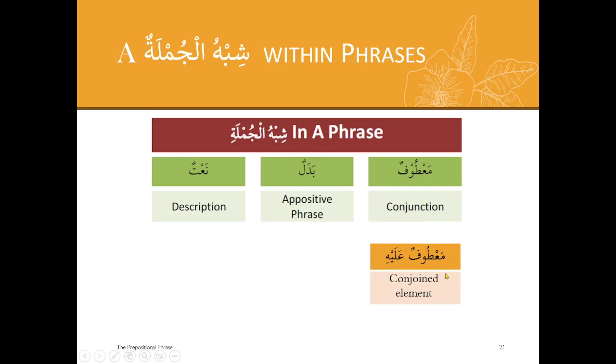So sometimes it can be the ma'tuf alayh, it can be the Mudhaf Ilayh. So it can be the second half of the phrase or the first half of the phrase. This comes before the ma'tuf, this comes after the mudaf. That's why this is alayh and this is ilayh.